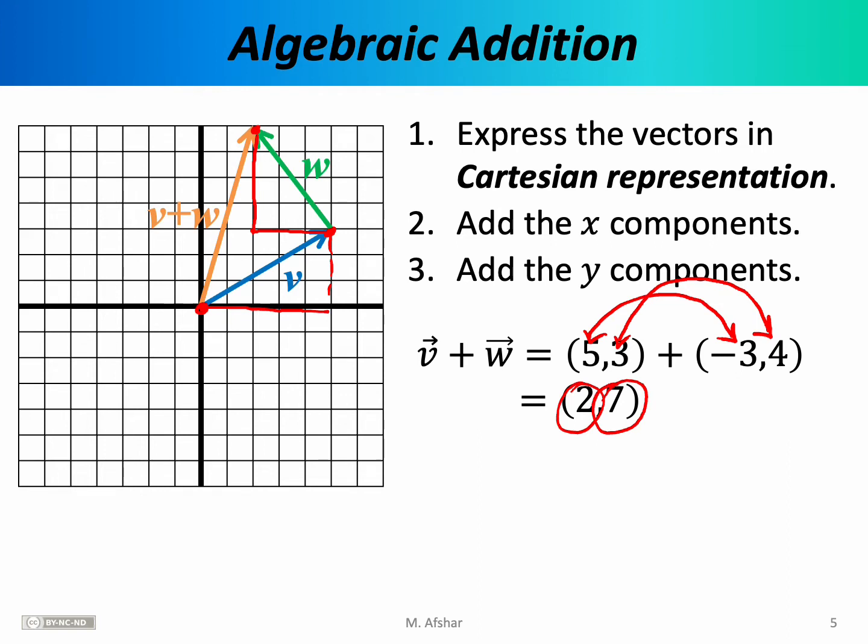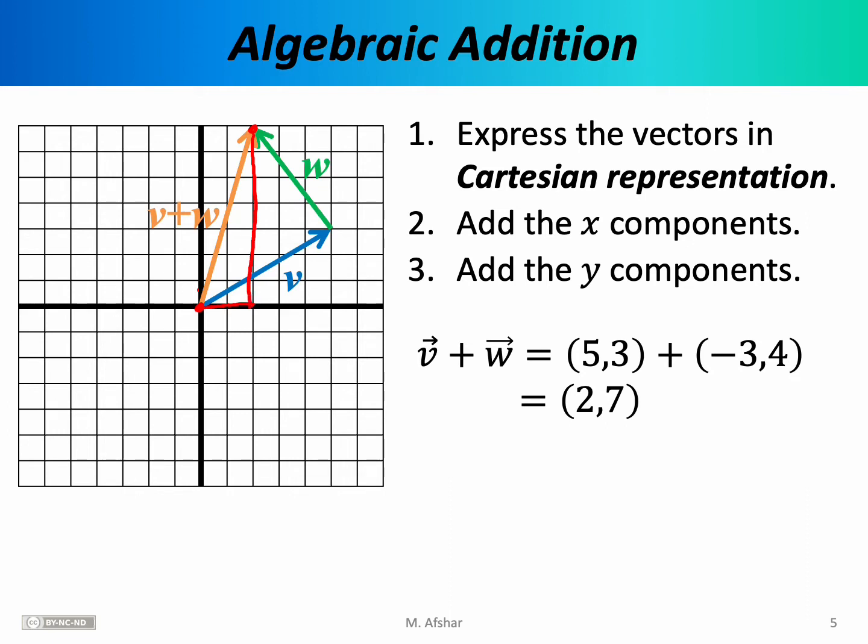So this vector here, 2, 7, represents the sum of these two, and it corresponds to the orange vector. As you can see, the orange vector has components 2, 7. In other words, to get from the tail of the orange vector to the tip of the orange vector, I have to go 2 steps in the x direction and then 7 steps in the y direction.